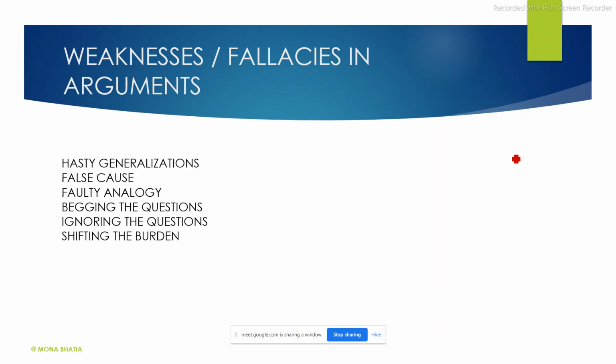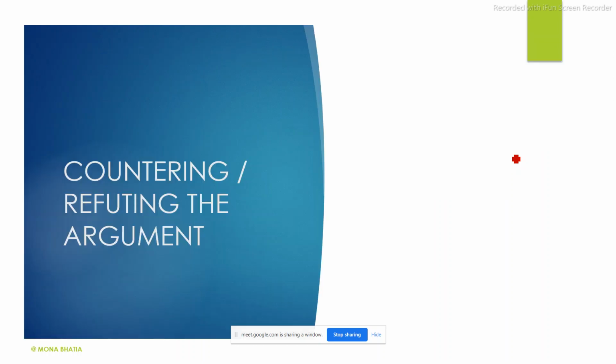So an editor also has to keep all these things in mind: hasty generalization, false cause, faulty analogy. So what are these basically? I'll explain each of these terms one by one.